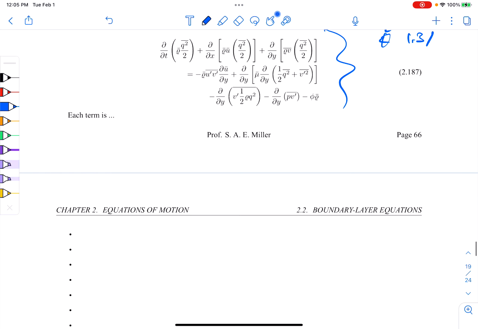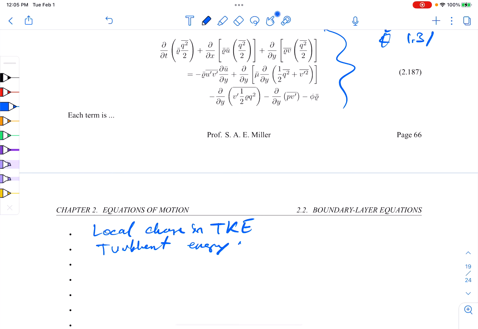What does this equation mean for unsteady turbulent boundary layers? Well, it represents the local change in TKE. It represents turbulent energy convection. It's the second term here. This is term number 2. This is term number 1.